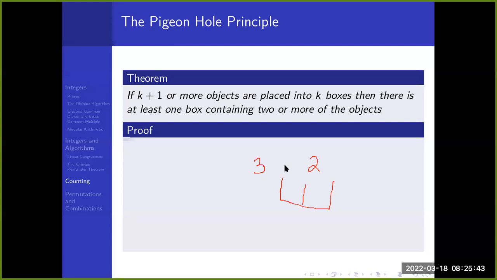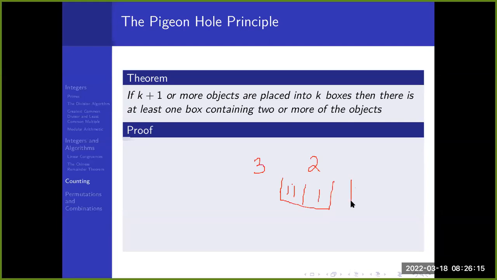So I can try as much as possible to avoid putting 2 in one box. I take my first object, I put it here. I put the second object here. But then I have no other box, right? These are the only boxes I have to place my objects in. So the third one must fit into either the first or the second, so one of them must have 2 or more objects.